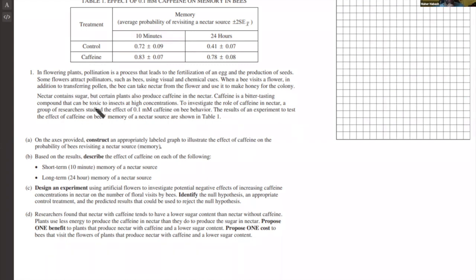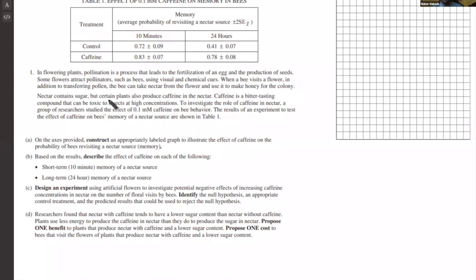So first, in flowering plants, pollination is a process that leads to the fertilization of an egg and the production of seeds. Some flowers attract pollinators, such as bees, using visual and chemical cues. When a bee visits a flower, in addition to transferring pollen, the bee can take nectar from the flower or use it to make honey for the colony.